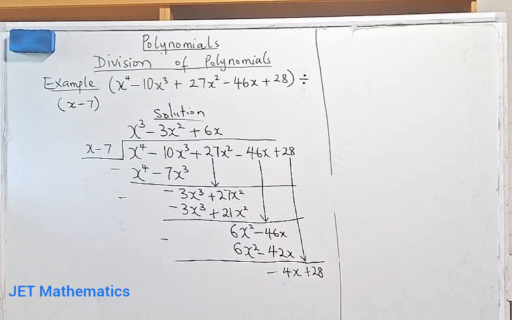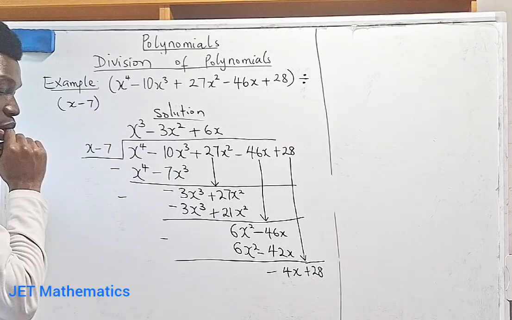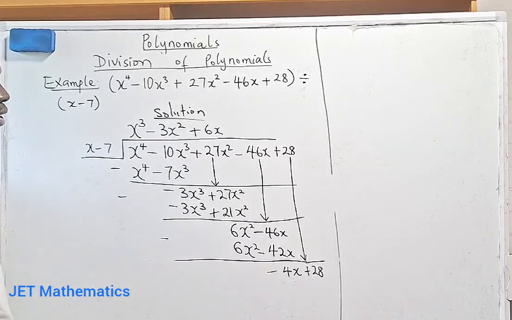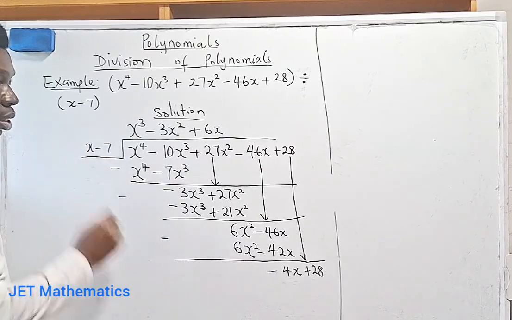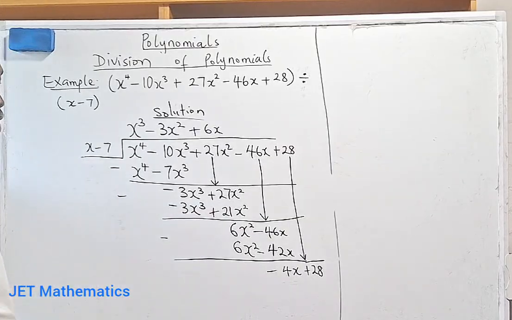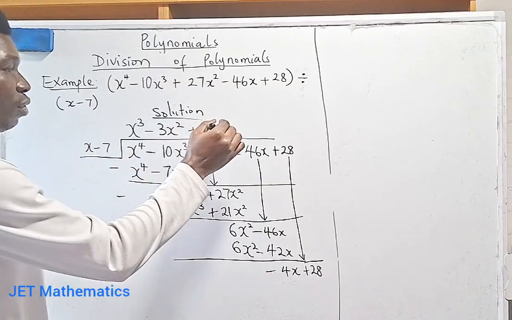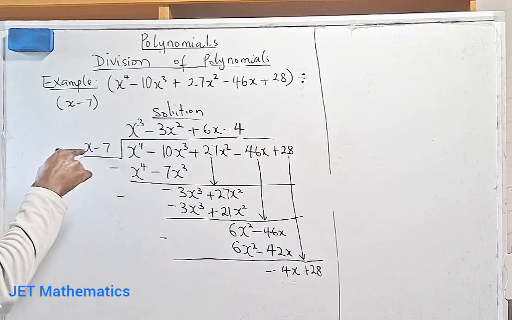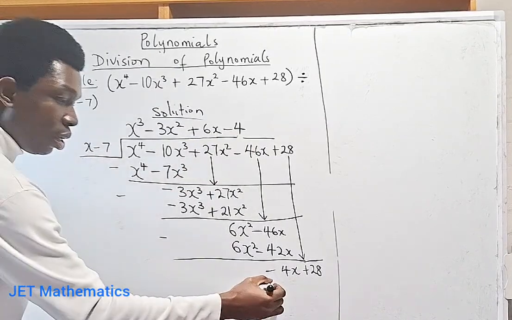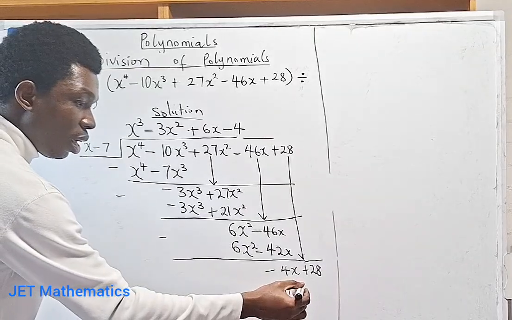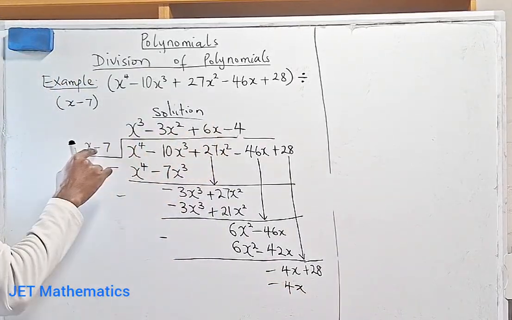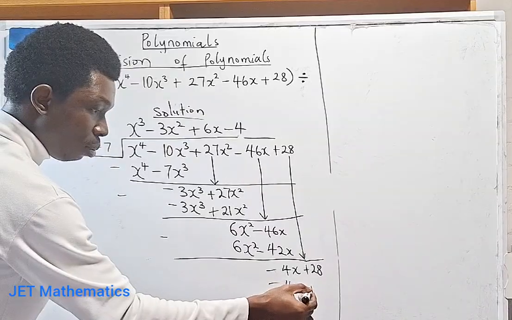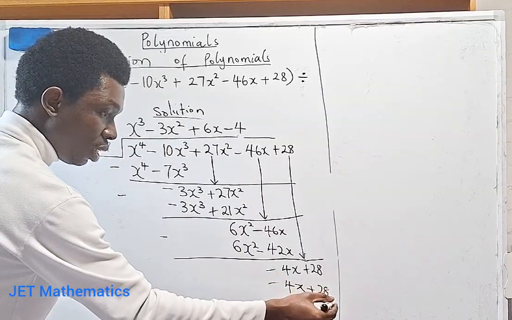At this point, we'll ask ourselves again, what can we use to multiply x so that we get minus 4x? Obviously, we can use minus 4. Minus 4 times x gives us minus 4x, and then minus 4 times minus 7 gives us plus 28.